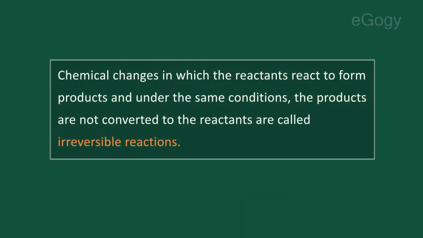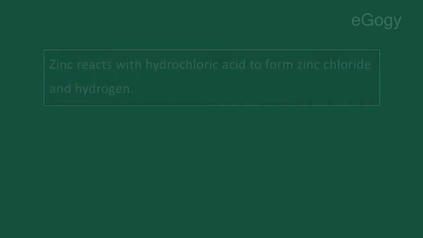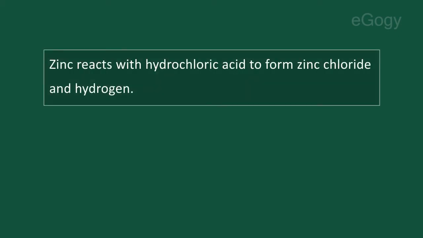Chemical changes in which the reactants react to form products, and under the same conditions the products are not converted back to the reactants, are called irreversible reactions. Zinc reacts with hydrochloric acid to form zinc chloride and hydrogen.